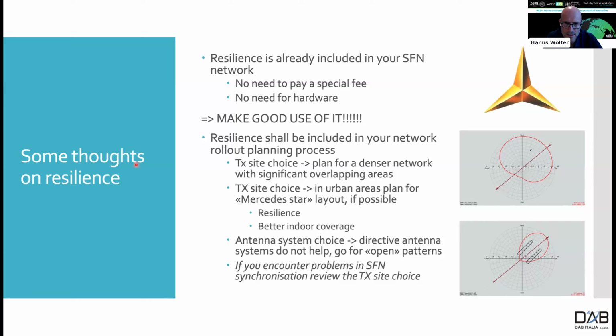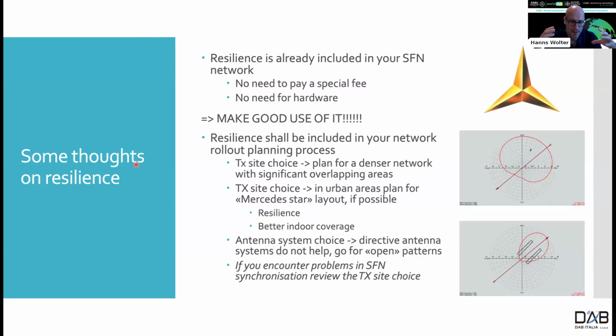When you choose transmitter sites, of course, plan maybe for a slightly denser network with overlapping areas. And if you plan for an urban area, plan for something which I call a Mercedes star layout. You have the Mercedes star on the top right.